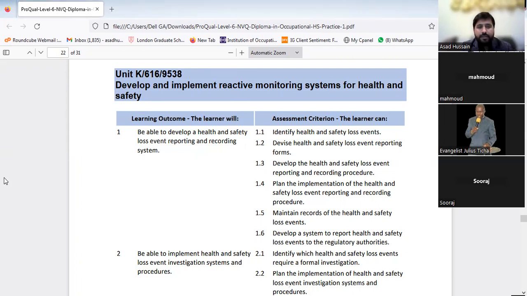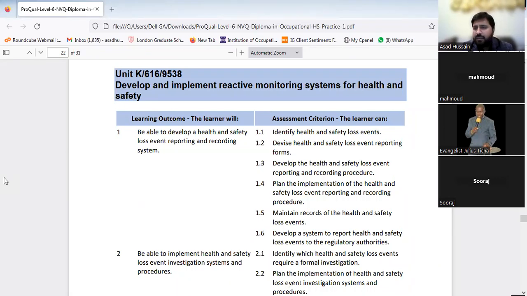So here, the first assessment criteria required by this learning outcome is number 1, identify health and safety loss events. So in your workplace, you have to identify what losses have been faced by your organization with respect to health and safety.